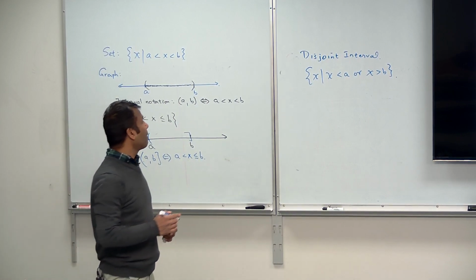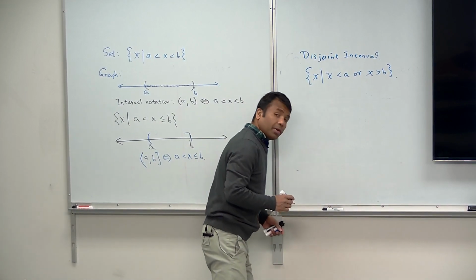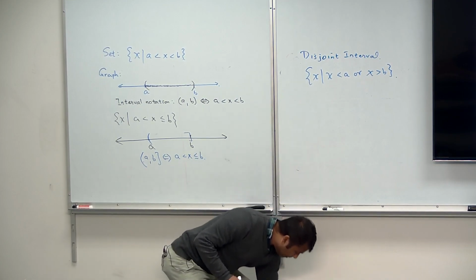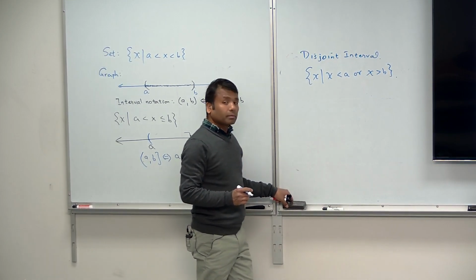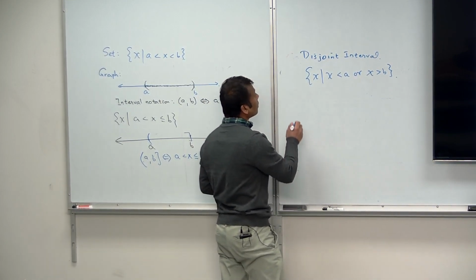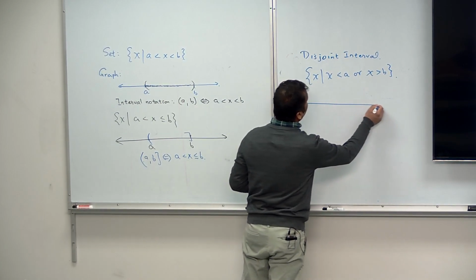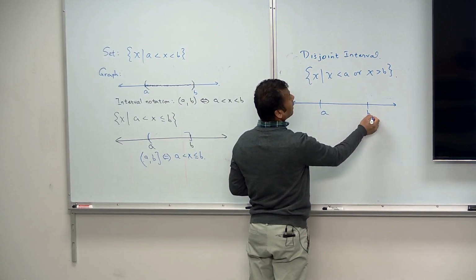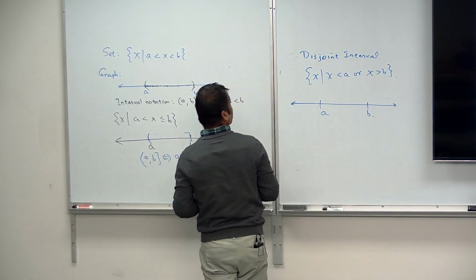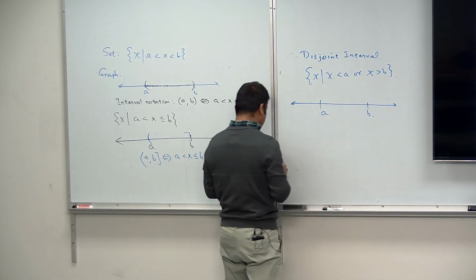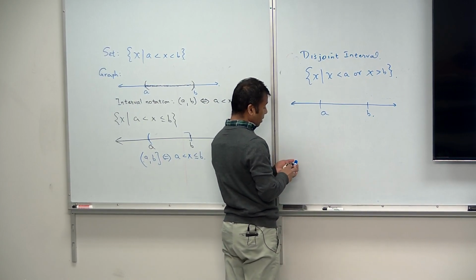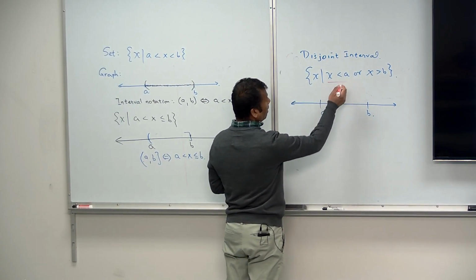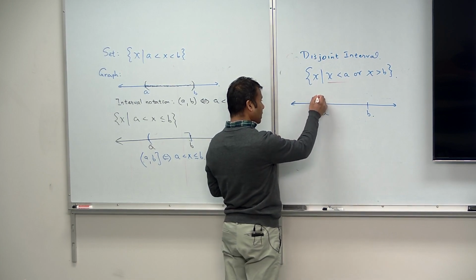Okay? So now, if you want to draw the number line, then what will happen? So you have a number line here, a is here, and b is here, right? So x is less than a, so let us plot the graph for this inequality. Less than a is this region.